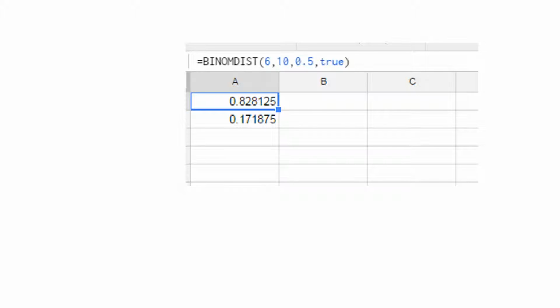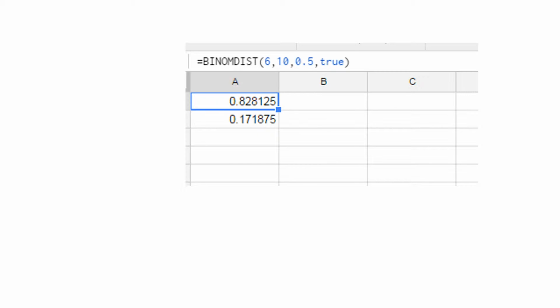Using Google Sheets, type equals, binomial, enter your successes 7, enter your trials 10, enter the probability of a success 0.5, type true again since it's cumulative, enter, you get 0.828125.